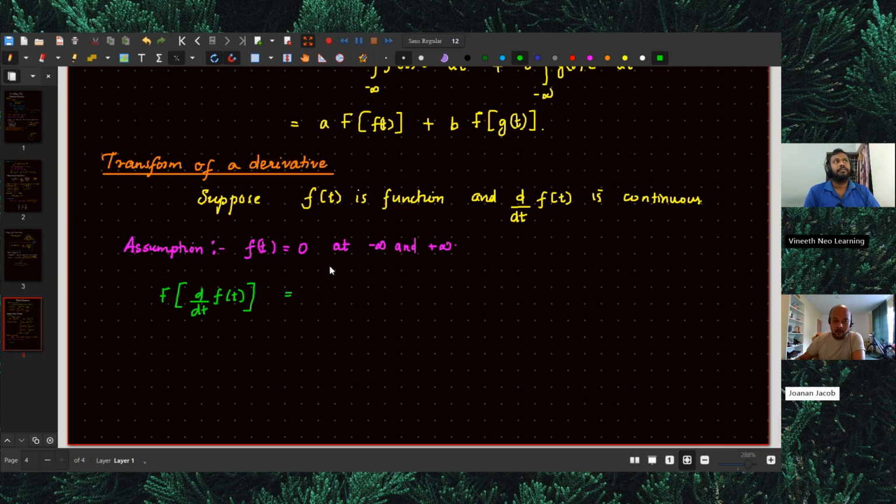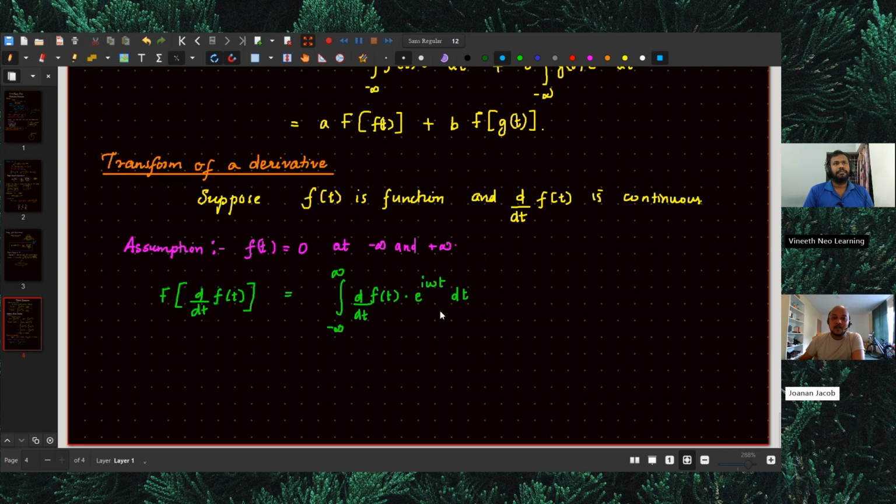This will be equal to the integral from negative infinity to infinity of d by dt of f of t into e raised to I omega t dt. Any ideas on how to solve this? Use the product rule. Yeah, we use integration by parts.